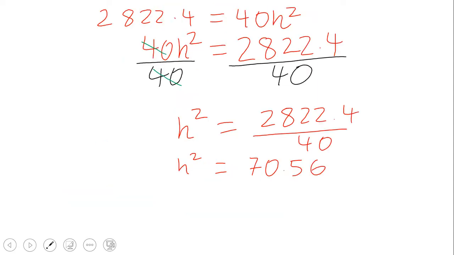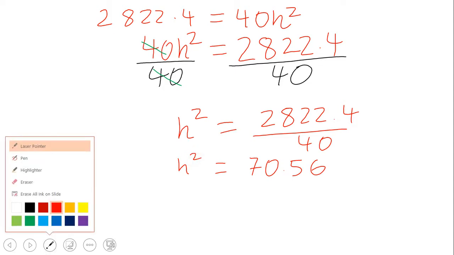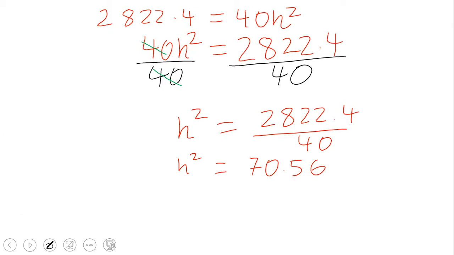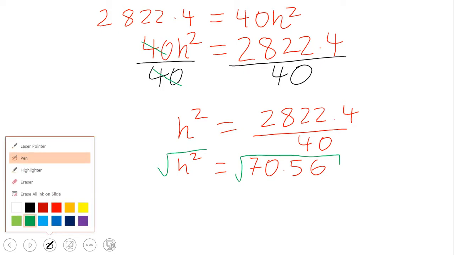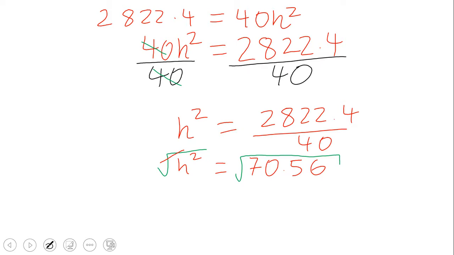So in order to figure out what is h, we need to get rid of that square, so we do the opposite of squaring something, which is taking the square root. We take the square root of both sides of the equation, and the square root cancels out with the square, leaving us simply with h. So h is going to be equal to the square root of 70.56.